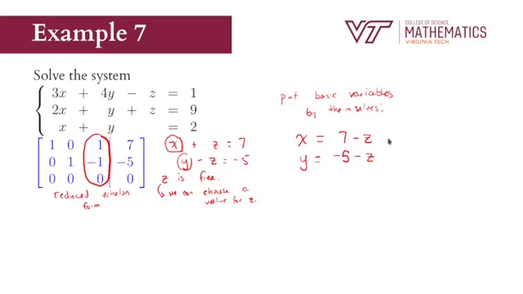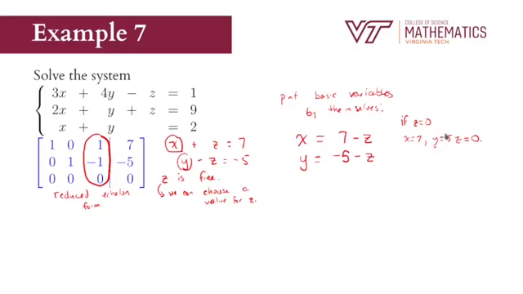So if I pick, for example, z equal to 0, then we get x is equal to 7, y is equal to 5, z is equal to 0. And that should check in these equations.